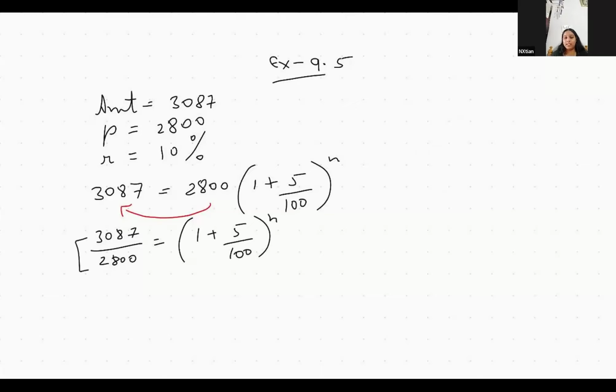Try doing factorization of 3087 and 2800. Okay, do factorization and see.